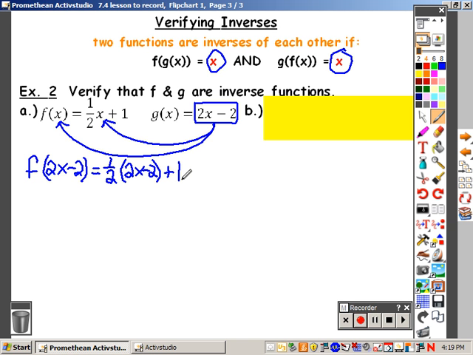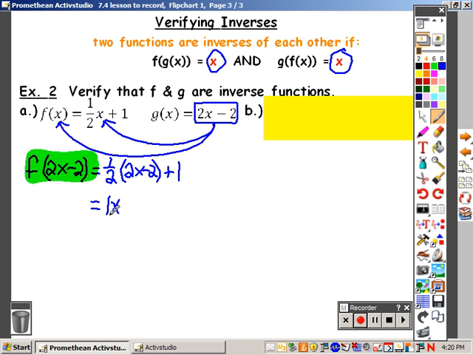Now, guys, this side right here, where you said f of 2x minus 2, you don't have to do any work to that side. You're just showing me what you're doing right now. So the only work we have to do is on this other side of the equation. Well, if I'm trying to simplify the other side, what do I need to do with that 1/2? I've got to distribute it into the parentheses. So 1/2 times 2x, what's half of 2?